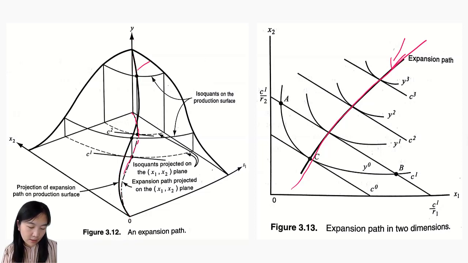So that's that curve there, projected from the 3D production surface. We usually don't work with the 3D graph, but I think it helps to understand where this expansion path comes from on the production surface.